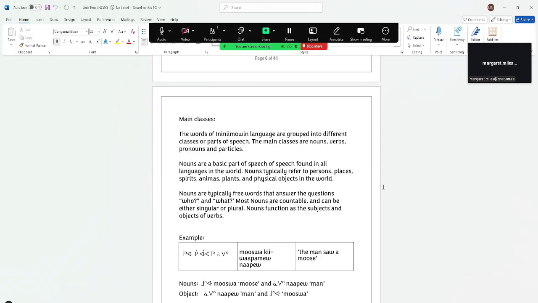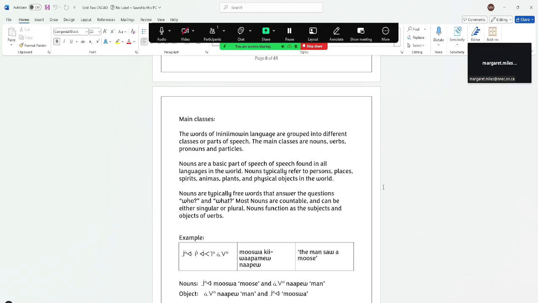Nouns typically refer to persons, places, spirits, animals, plants, and physical objects in the world. Nouns are typically free words that answer the questions who and what. Most nouns are countable and can be either singular or plural.